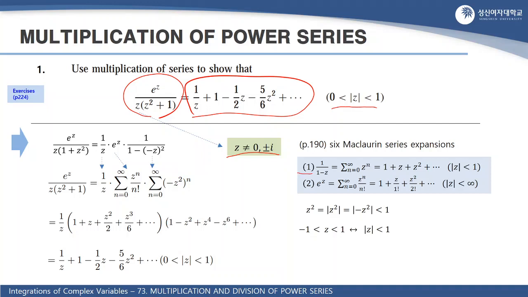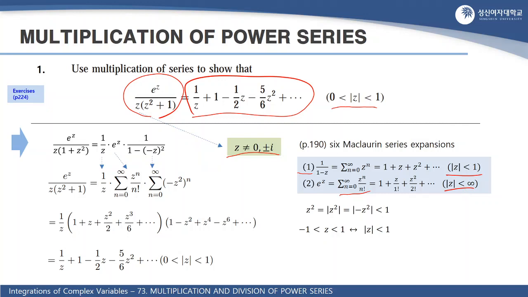Here first, 1 over 1 negative g can be expanded by using this form 1 plus g plus g squared and keep going like this, and e to the g can be expanded by using this formula, with the convergence conditions, this and this.